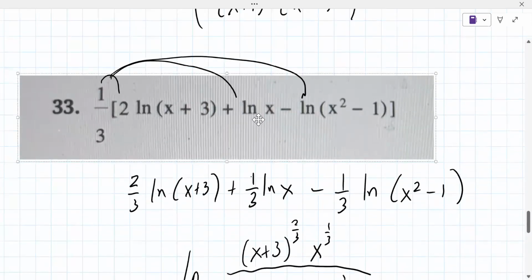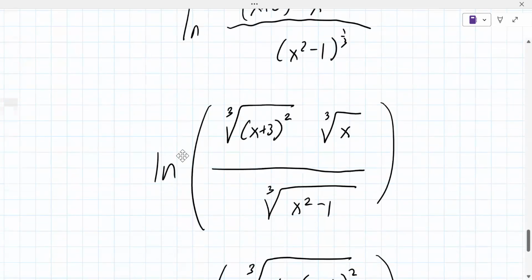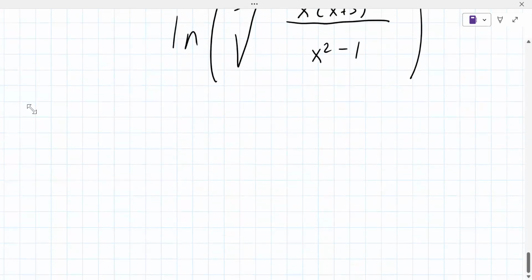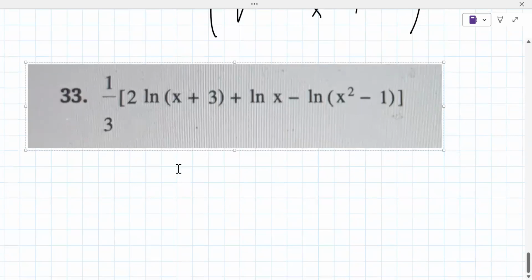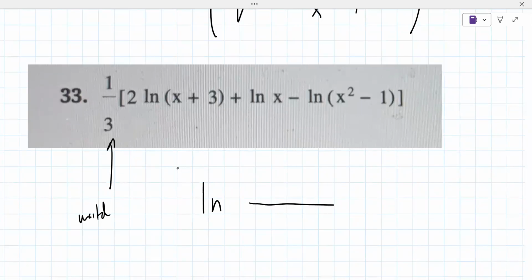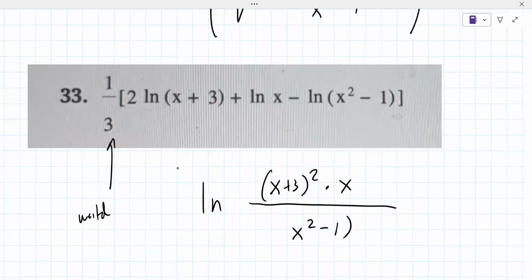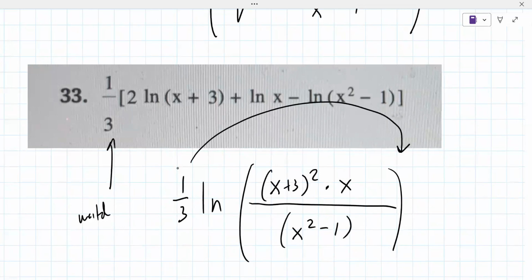So let me grab this question here one more time so you could see that. What you could have done is wait on this part. If you're like me, you don't have any patience, but you would get x plus 3 squared times x over x squared minus 1, like that, times 1/3. And then you could bring the 1/3 here.